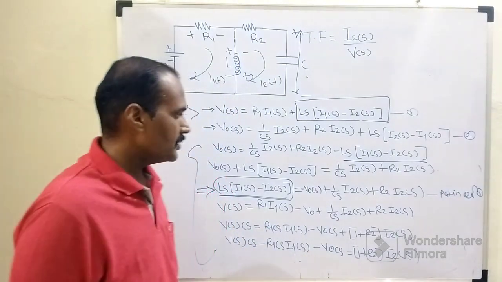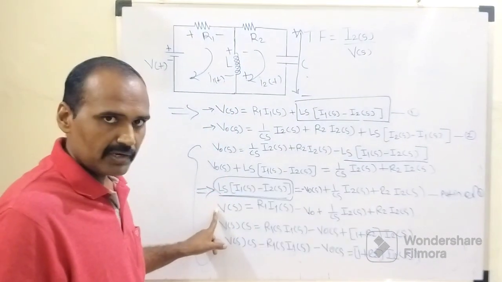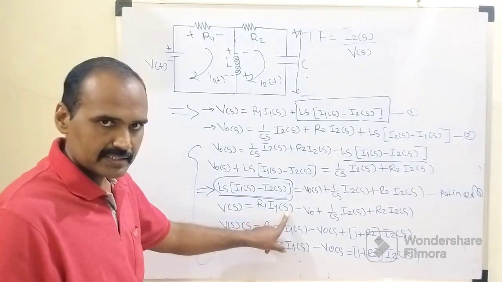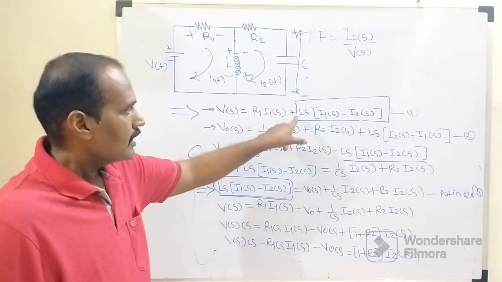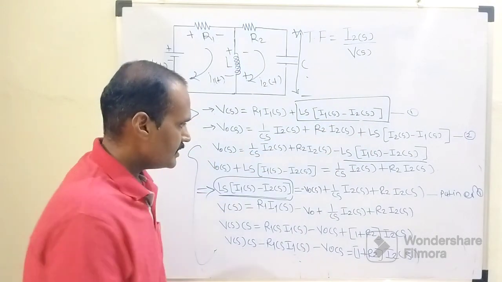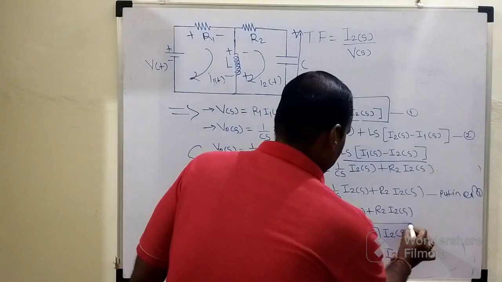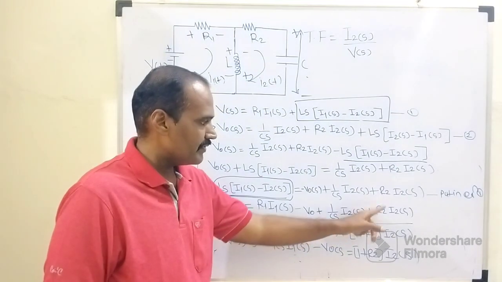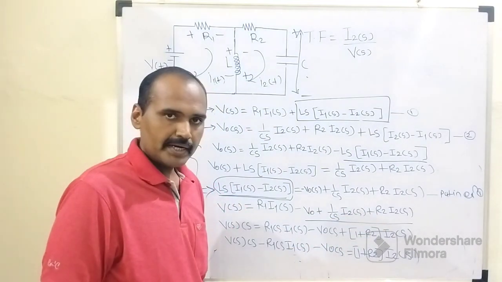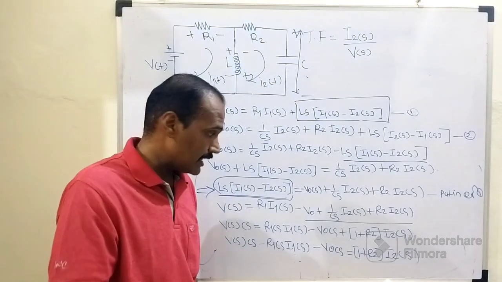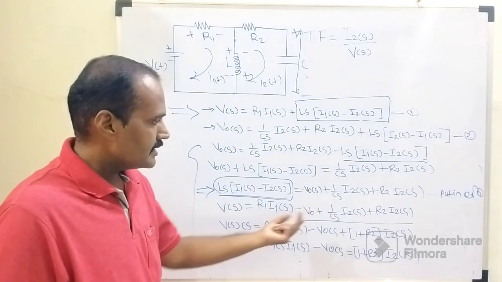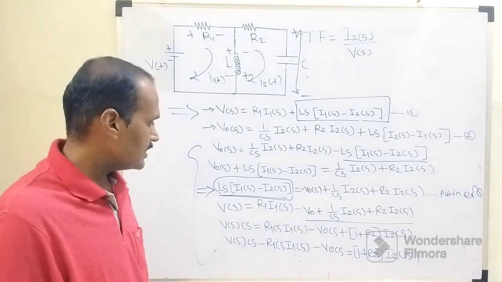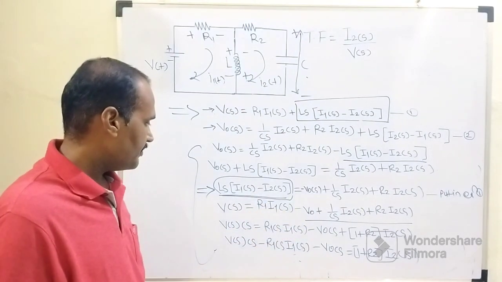As a result of doing this, equation number 1 will become V of S equals R1 I1 of S, as it is. Then this whole term is replaced with this alternate quantity, that is minus V0 plus 1 over Cs I2 of S plus R2 into I2 of S. Then further, this Cs can be considered as an LCM term on the right hand side as well as the left hand side, so we need to do cross multiplication.